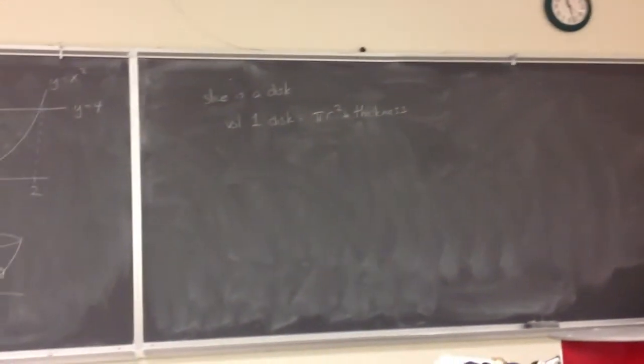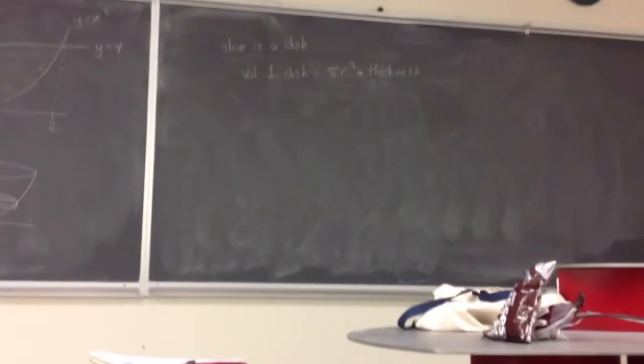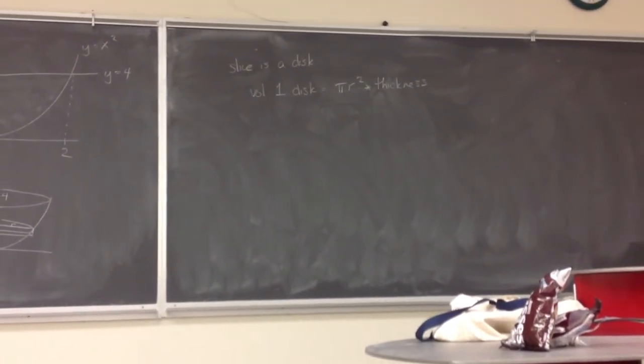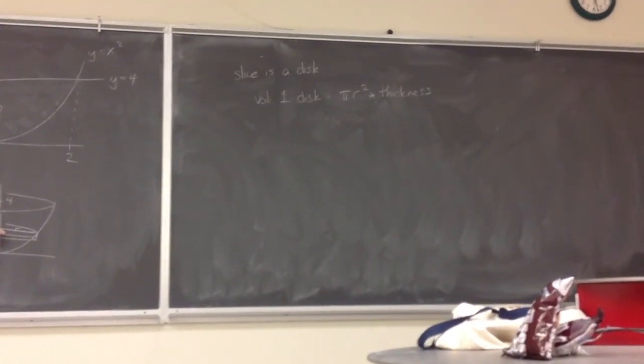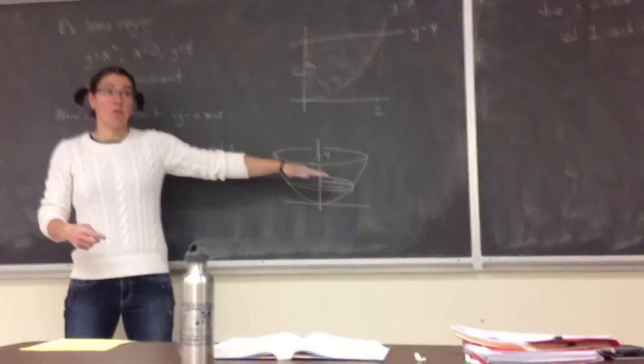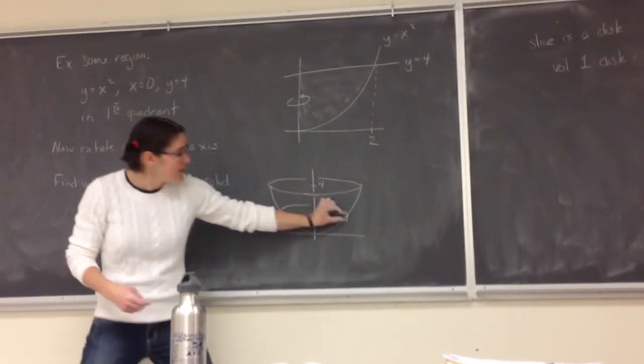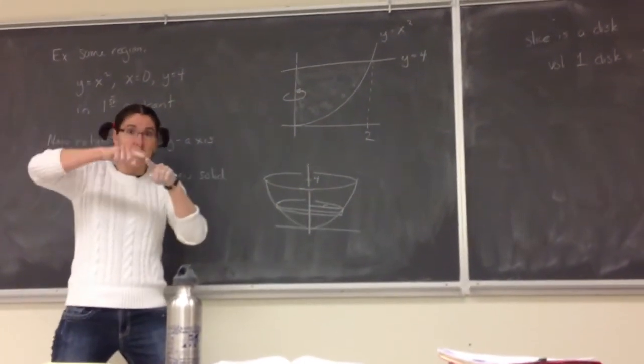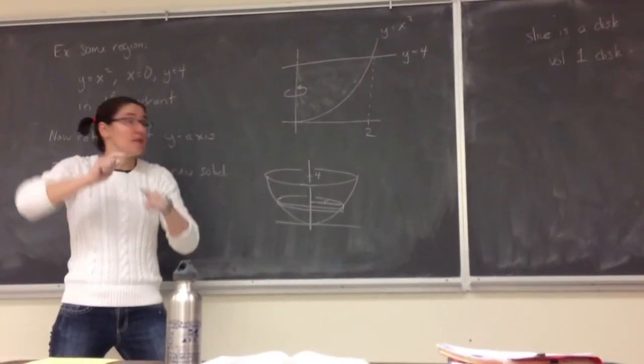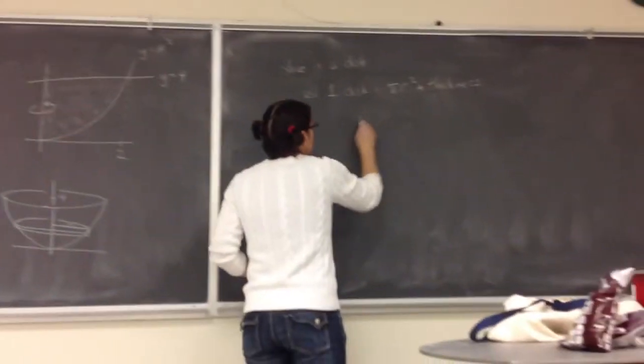Now there's a few things that I need to deal with here. This is our first example where we're rotating around the y-axis. Notice that my slice, which is perpendicular to the y-axis, has a thickness in the y direction, so my thickness is going to be dy.